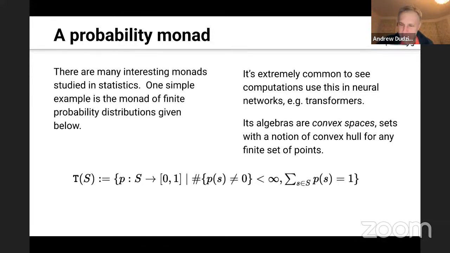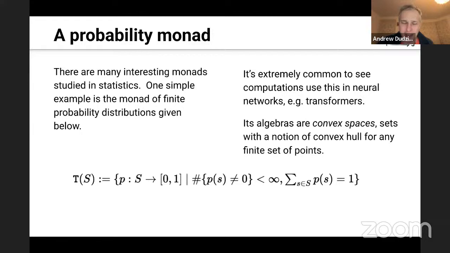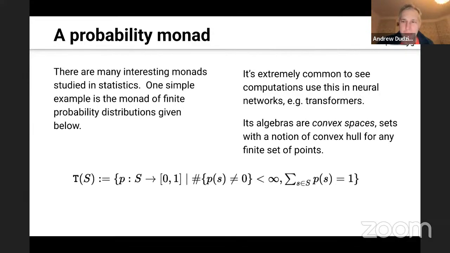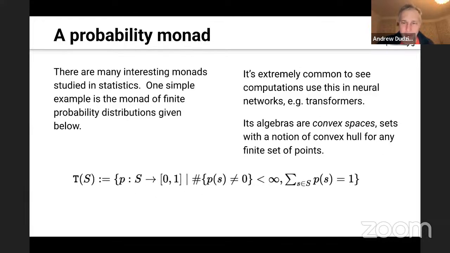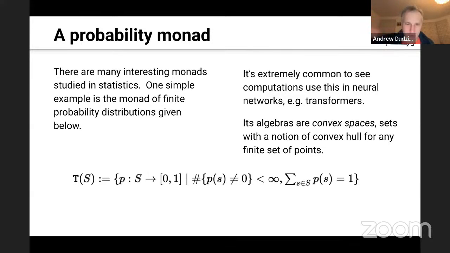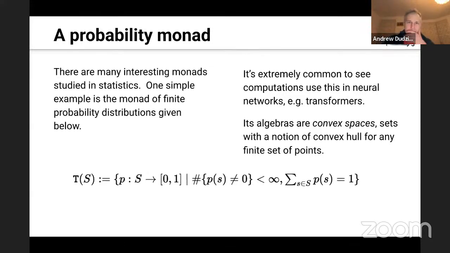But there's no problem defining this on all sets. It's a similar issue as with the finite power set monad. We're starting with a set and we're returning a set of probability distributions. It's the extra structure to it that gets interesting.